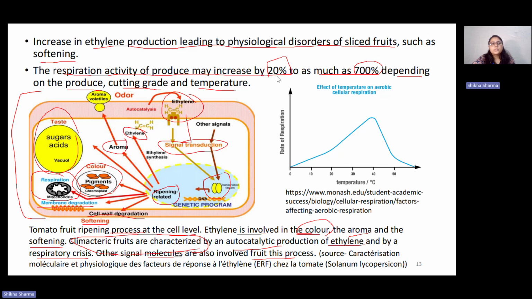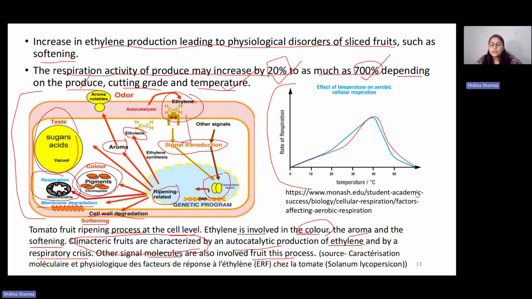The respiration rate increases 20% to as much as 700% based on the temperature or which kind of produce it is, whether it is a climacteric or non-climacteric fruit, and how we are cutting the fruit. Minimally processed fruits are sliced or cut, so they produce a higher respiration rate as compared to whole fruits. And based on the temperature, we can see here that the respiration rate increases.